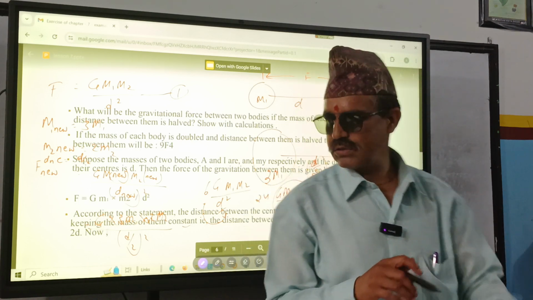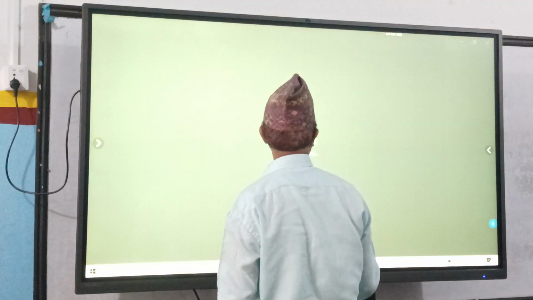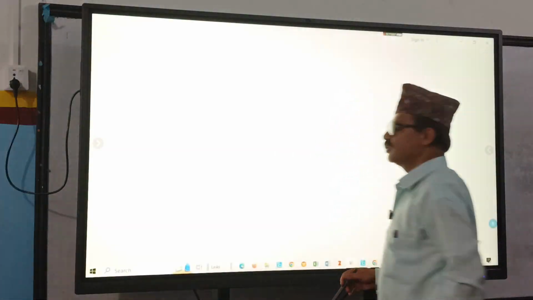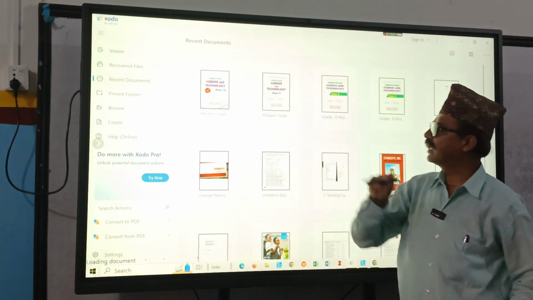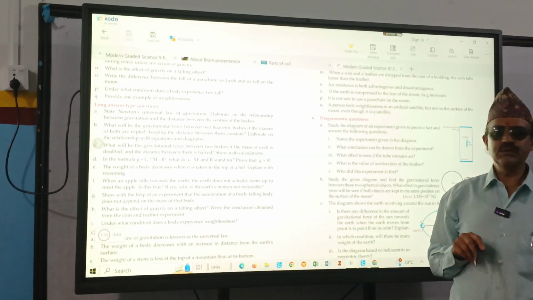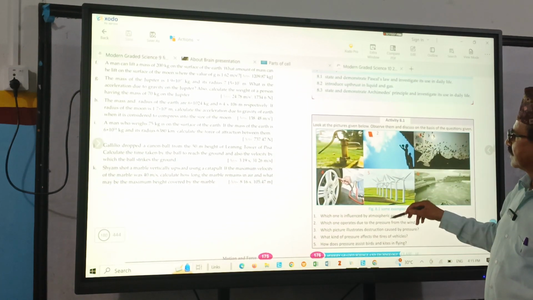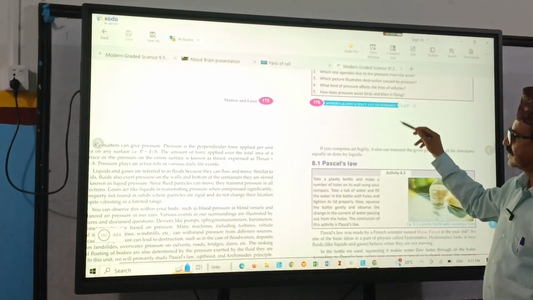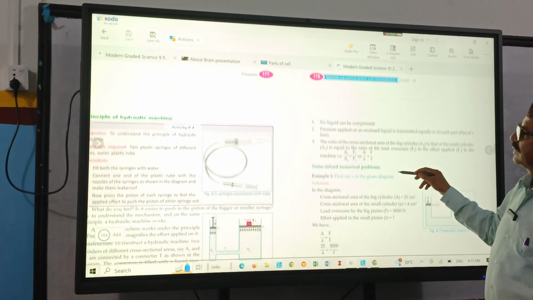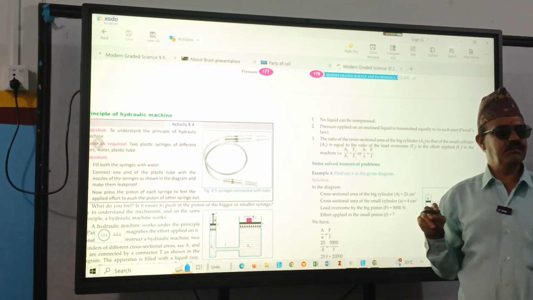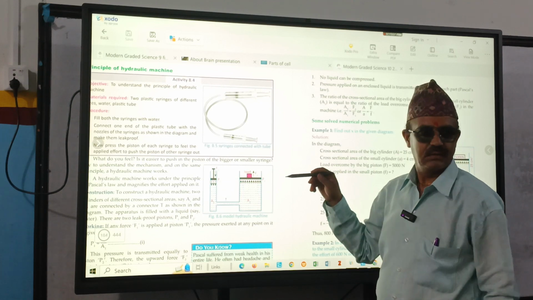First, Thursday's work, I will give you from here. It will be given from the new chapter, Pressure. So from Pressure, they are going to present. At first, Ritika, pages 176, 177, 178. Then who is after Ritika?